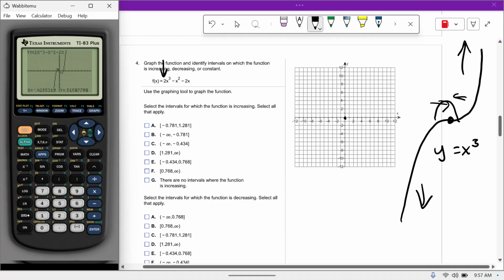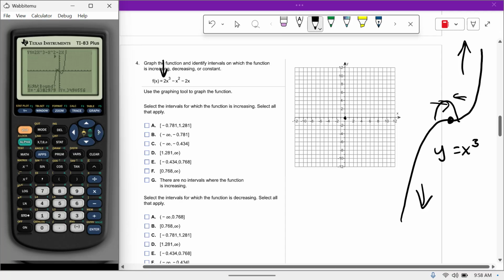How can I find where the top of my hump is? Well, I got a graphing calculator. The top of a hump is called a maximum. So I'm going to do maximum. I'm going to go second trace. And I want to do maximum, so I go to number 4. Enter. And I'm going to go to the left of my max, just barely to the left of my max, not too far. Press enter.